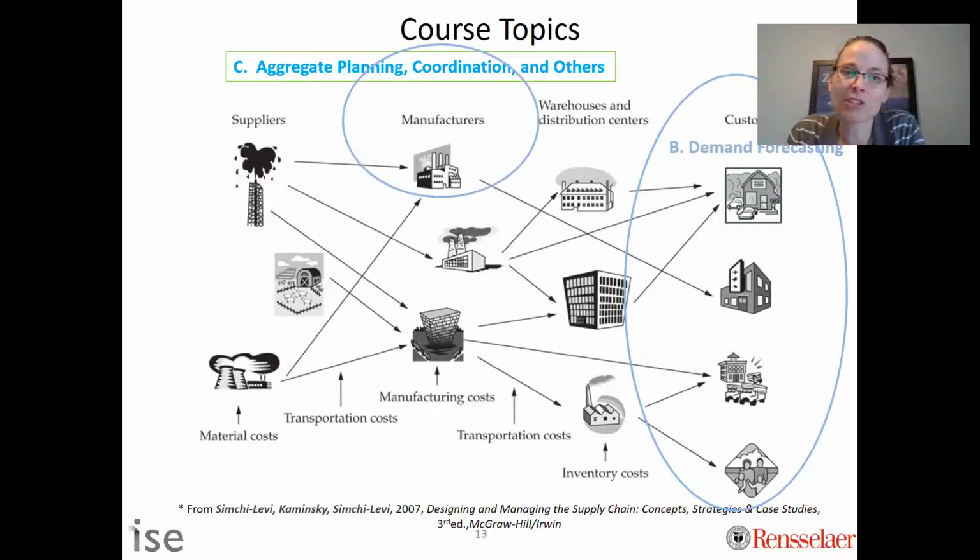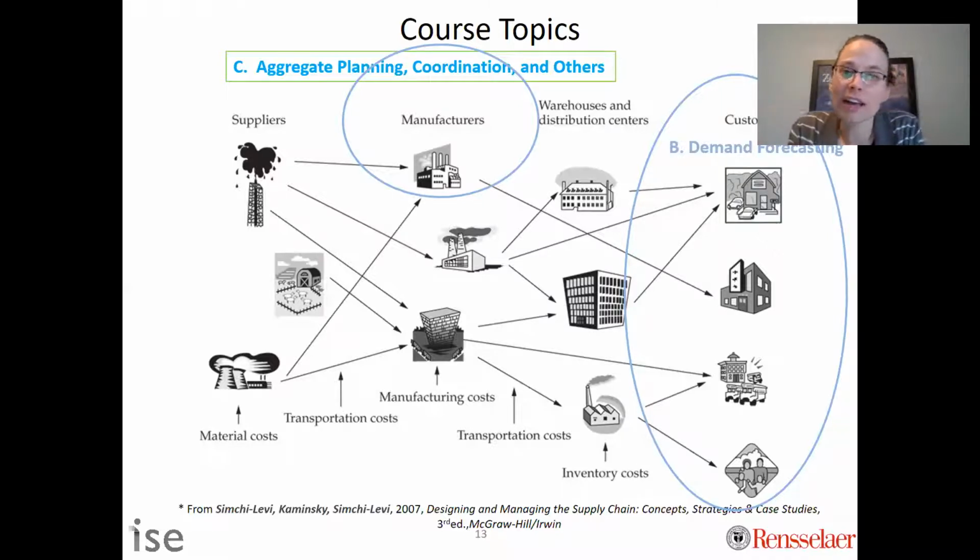The next topic we talked about was aggregate planning, coordination, and others. So we thought about how we determine how much of a resource we need to plan. If you think about manufacturing and saying, okay, I'm going to plan to have this much labor force, this much inventory, this much capacity, how do I figure out what that is? Well, I need a demand forecast to inform those decisions. So we spent some time there.